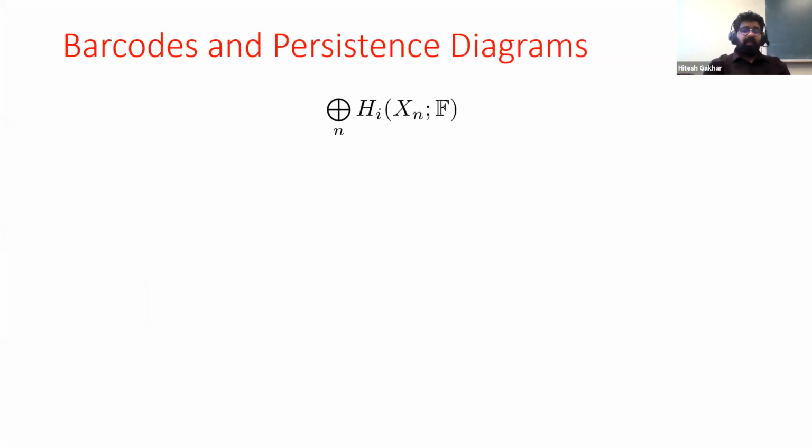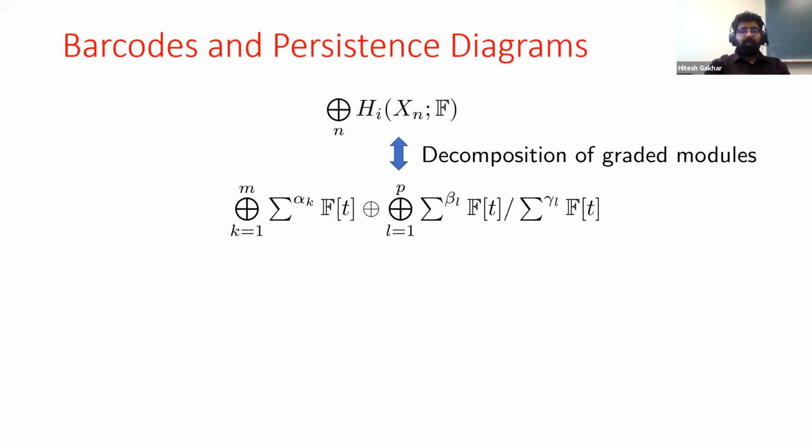Once we have this graded module, a certain decomposition theorem tells us that you can decompose it into degree-shifted free parts and degree-shifted torsion parts. Each of these indecomposable modules gives rise to a bar in a barcode.